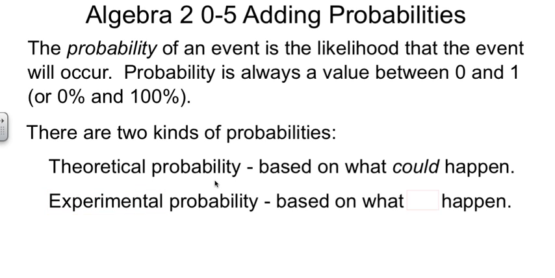An experimental probability is a measure based on what actually did happen. And we'll be asked to distinguish between those two.